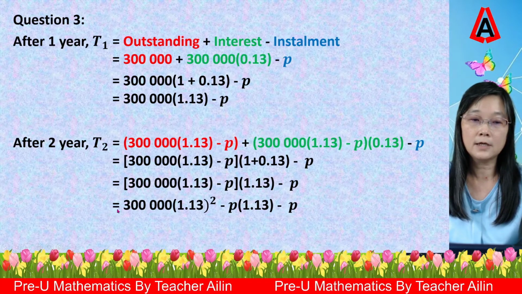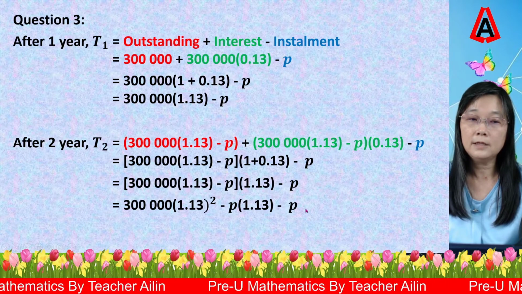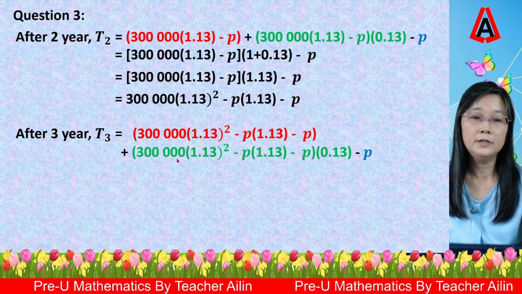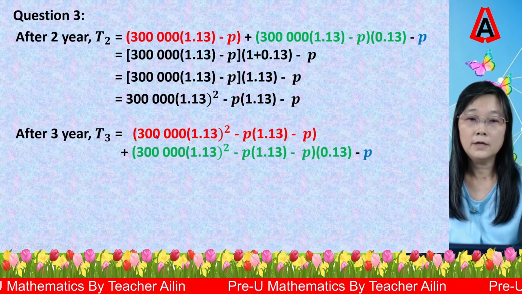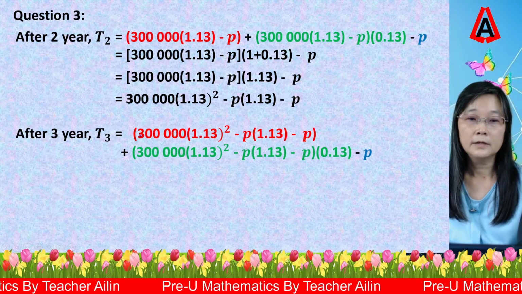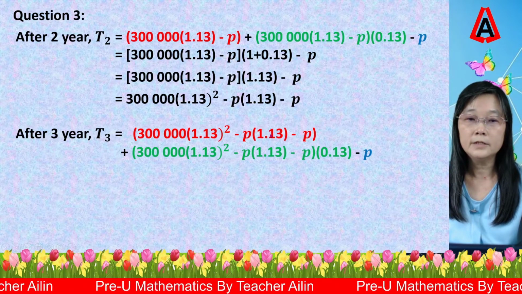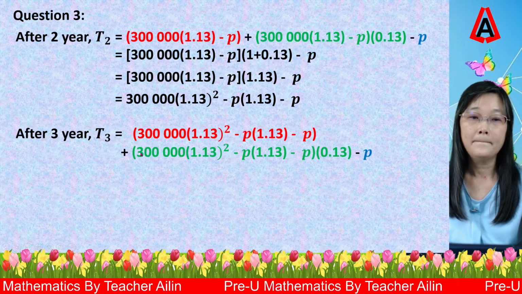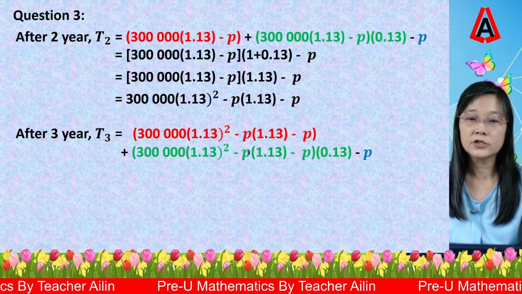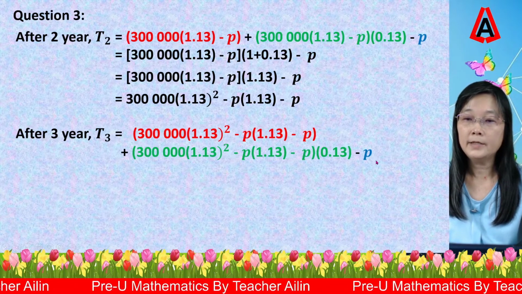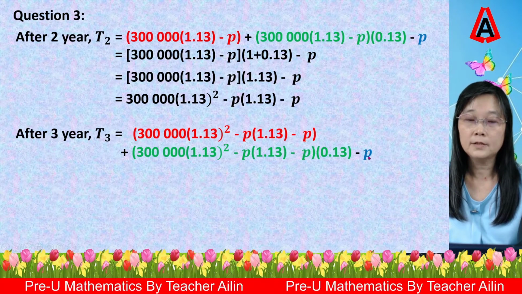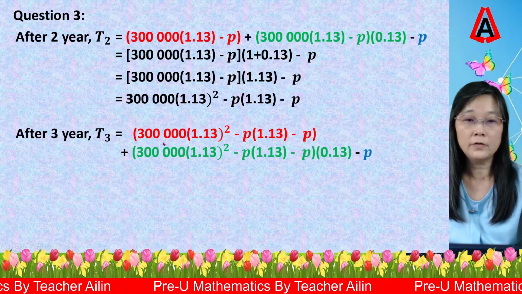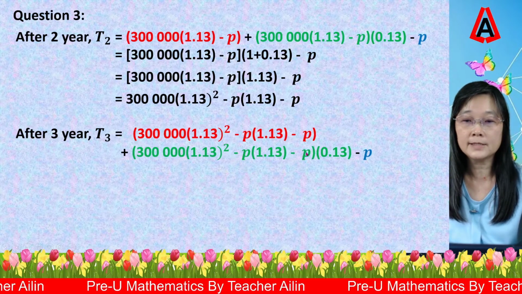Then this is the total outstanding of year 3. Then at the end of year 3, the total outstanding becomes the original outstanding carried forward from year 2 plus the interest charge and minus the third installment. So now we are going to factorize. We can see that this amount of money and this amount of money is the same.